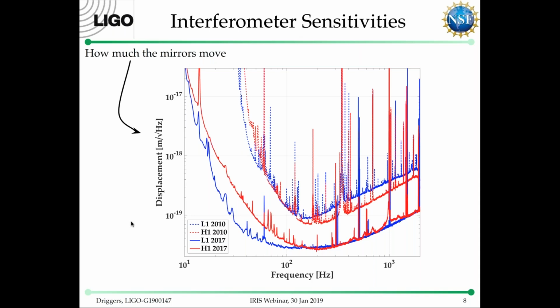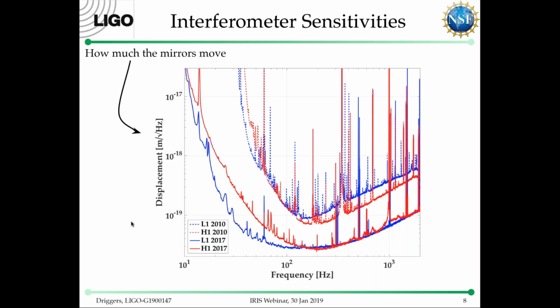So that is a first generation set of hardware. And you can see then that the solid traces down lower, labeled H1 and L1 2017, we've made a lot of improvement in our sensitivity over a very wide frequency band. And this is approximately what our sensitivity was during the time of that binary neutron star merger.